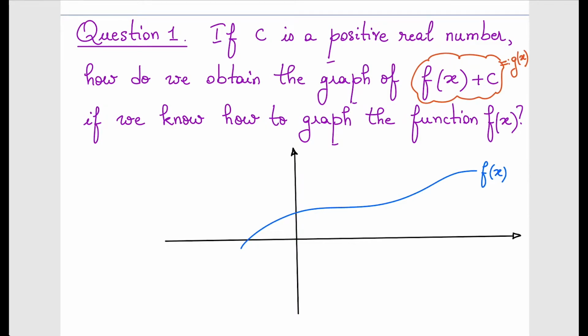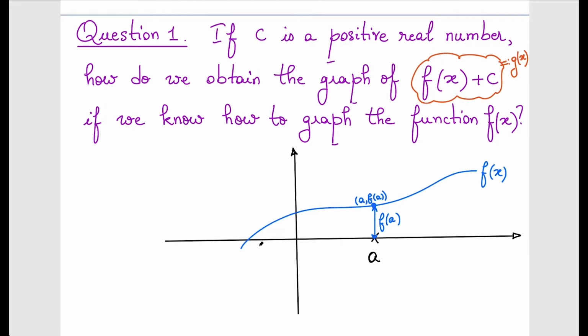Well, if this point is a, according to the picture, this height is f of a, right? Because that point right there has coordinates a comma f of a, because it's on the graph of the function f.